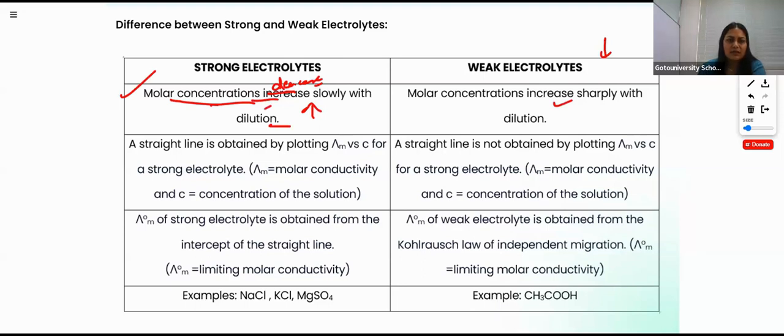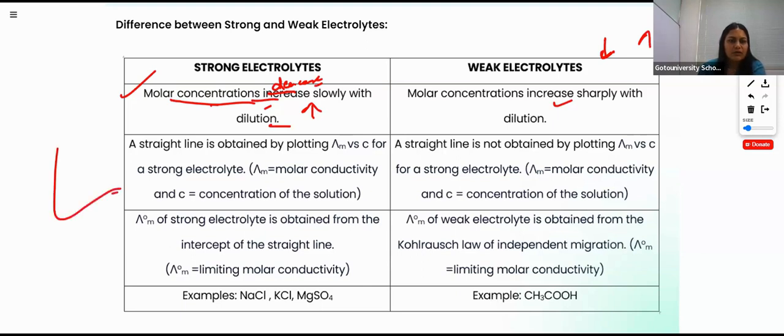But if we consider conductivity for weak electrolytes, it decreases. If we consider molar conductivity for weak electrolytes, it increases. Okay, why? Because molar conductivity has an inverse relation with conductivity, right?